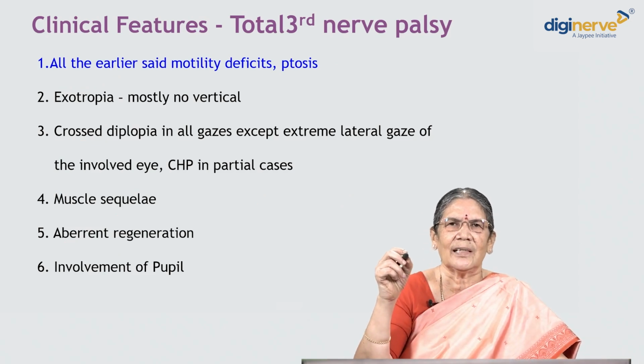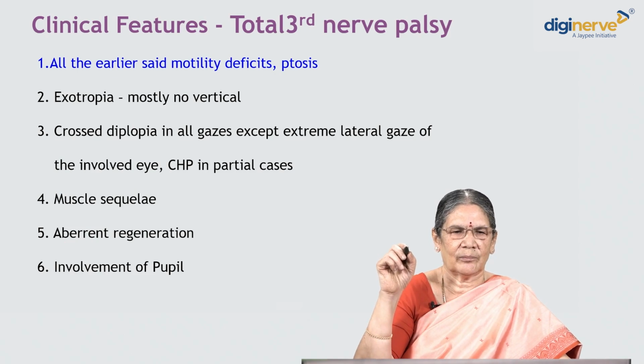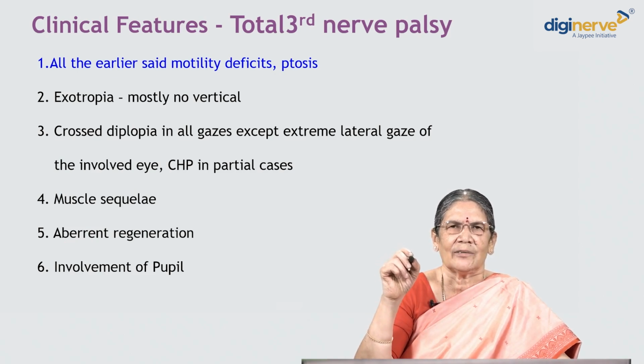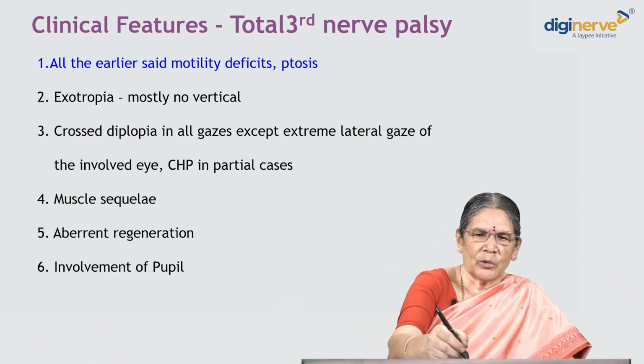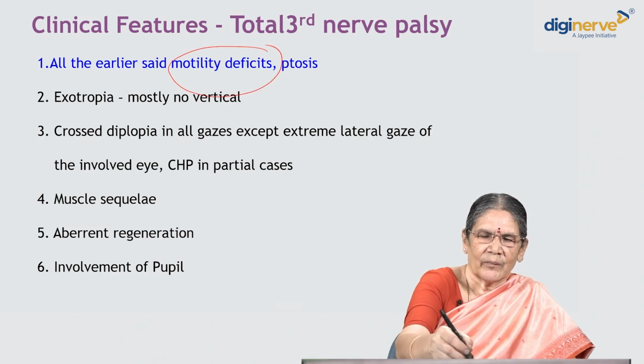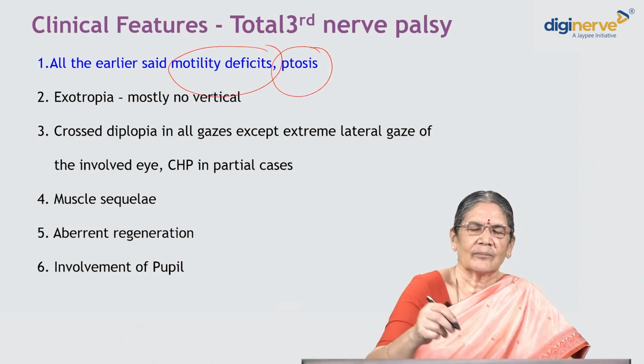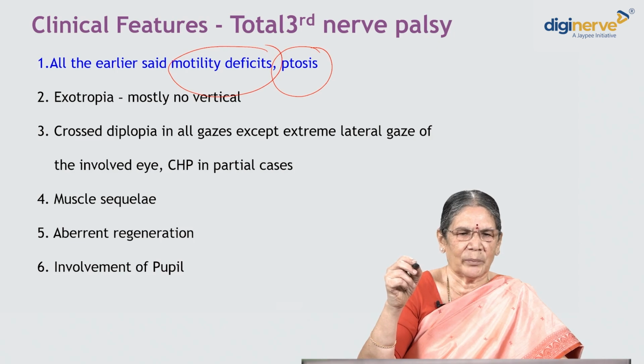So, what are the clinical features of third nerve palsy now? Whatever we depicted earlier, all these muscles and what they affect, all those motility defects are seen along with ptosis in complete third nerve palsies.